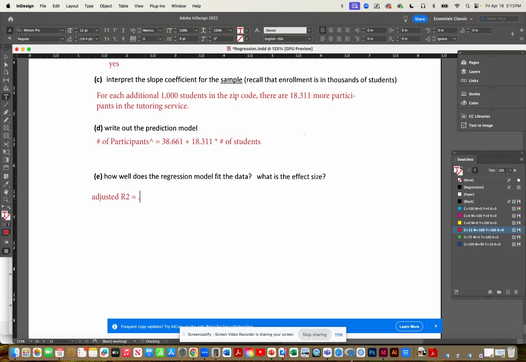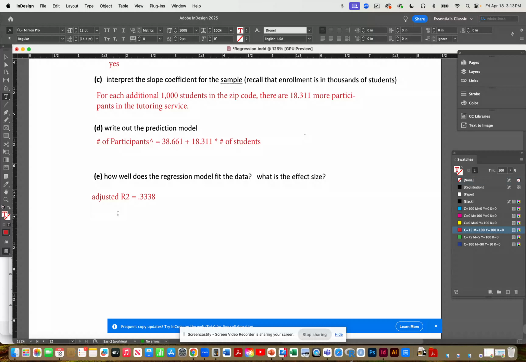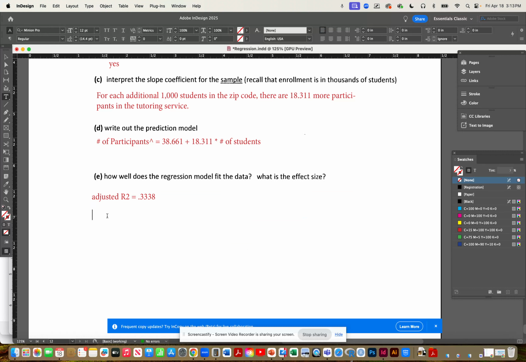So that equals 0.3338. We could say from that number that 33.38% of the variation in tutoring demand is explained by number of students in the zip code.